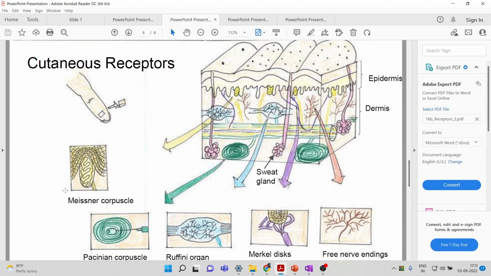So here, these are various receptors. These are mechanoreceptors. There are various types of mechanoreceptors. There is Meissner corpuscle, then we have Pacinian corpuscle, we have Ruffini endings, we have Merkel discs. Then we also have free nerve endings.